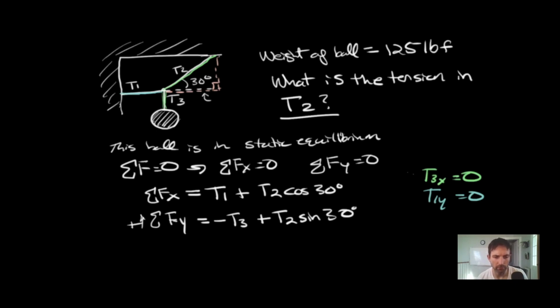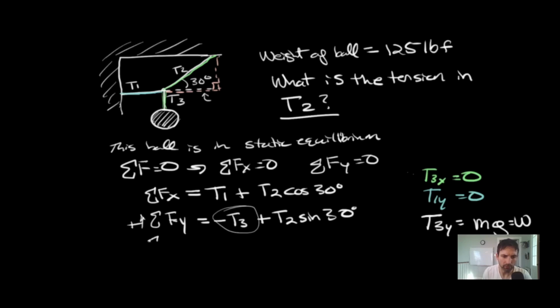And let's look here. So we only care about what T2 is. And we do know T3, or basically the force in T3. And it's right over here. So T3 in y is going to equal the mass times gravity, or the weight, which equals 125 pound force. So that's the force down.